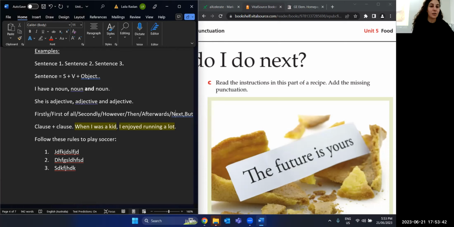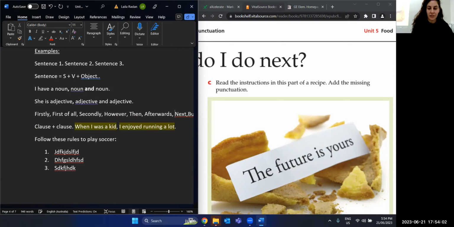Yeah, it goes in this group. So first of all, comma, if it's any of these words: first of all, firstly, secondly, comma, however, comma, then, comma, they start a sentence.